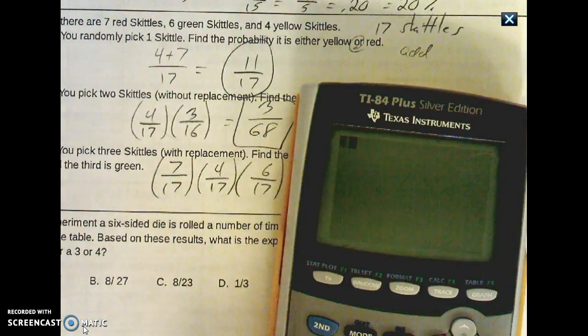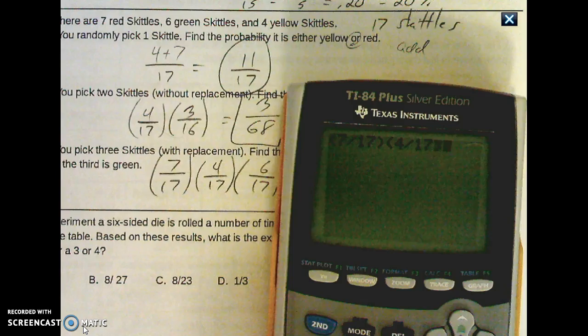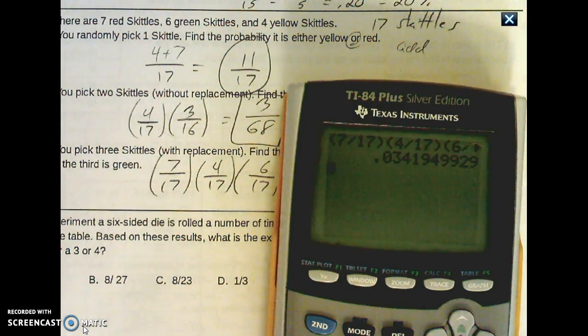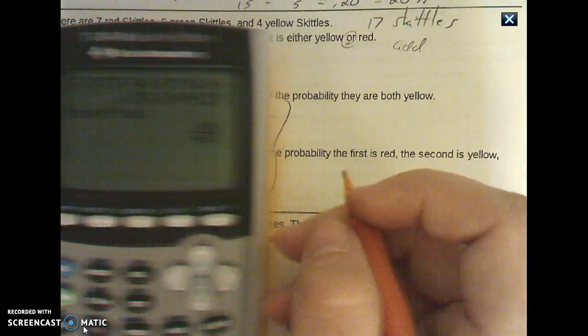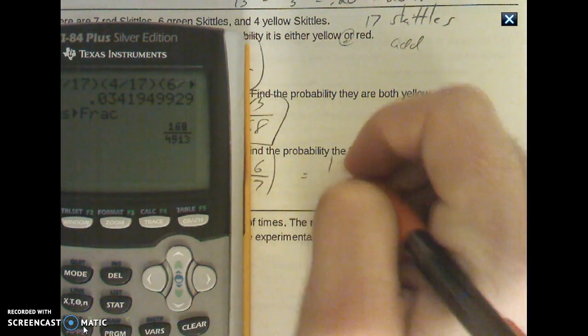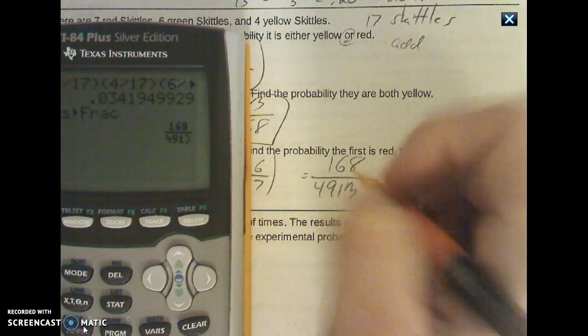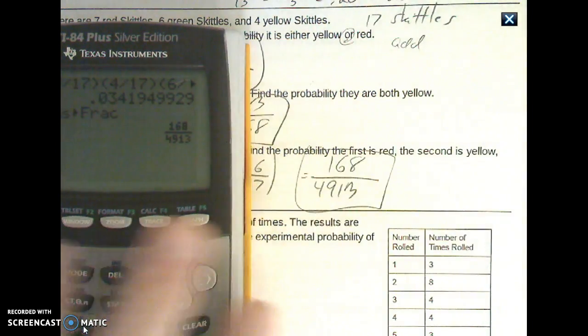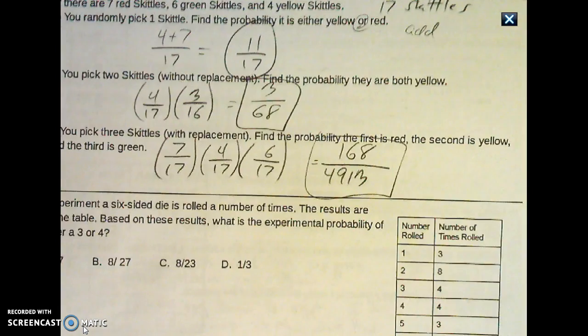So 7 out of 17, 4 out of 17, 6 out of 17. Boom, math, enter, enter. Yes, this is a very large number. 168 over 4,913. Okay, cool.